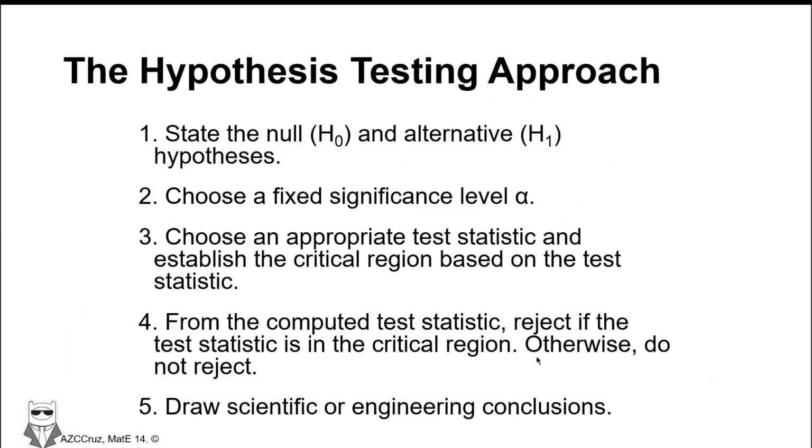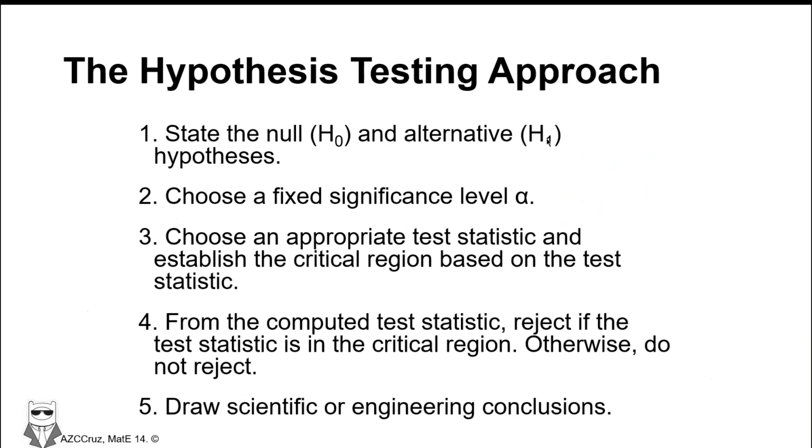Okay. So ito, hindi na natin siya ano no, pero ito yung steps that we need to take when we are doing hypothesis testing. So number one is we state the null hypothesis, which is your H naught. Tapos state din natin yung alternative, which is H1 or HA. Okay? Tapos you can have multiple alternative hypothesis, no?